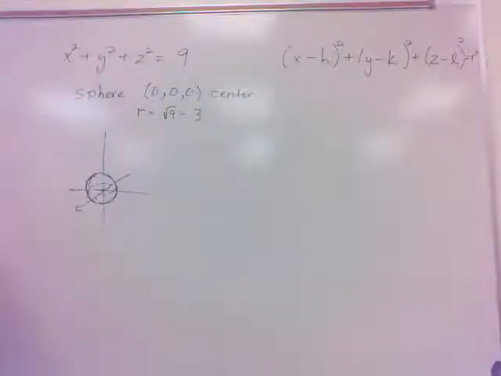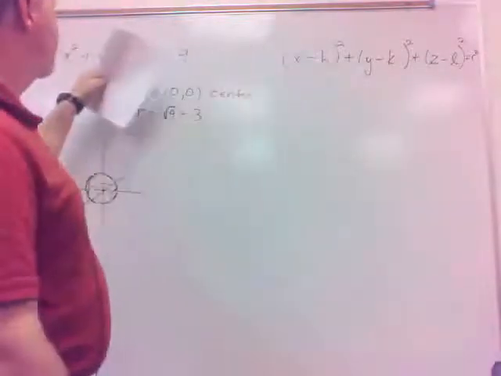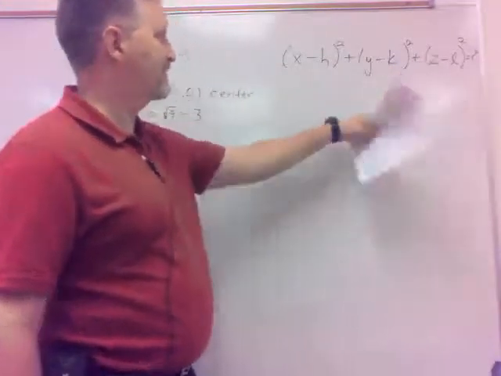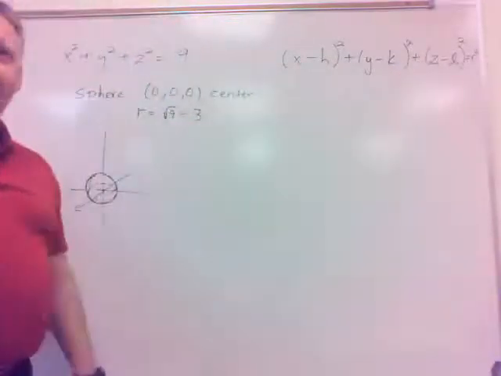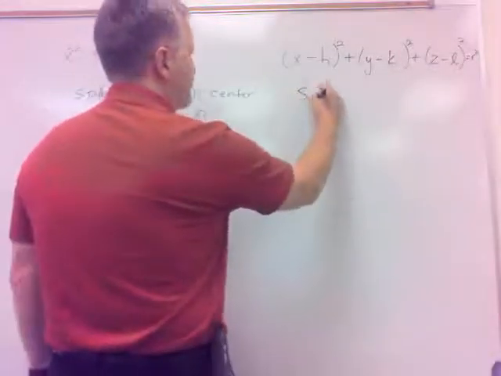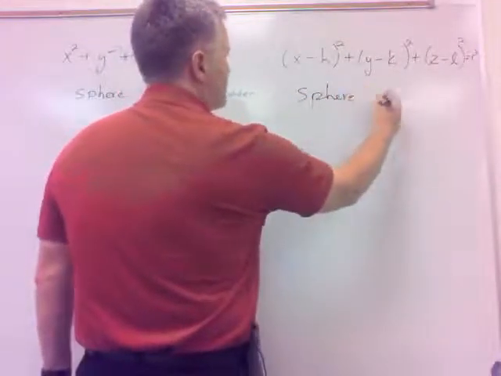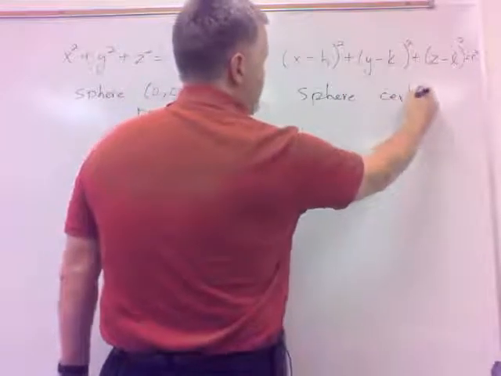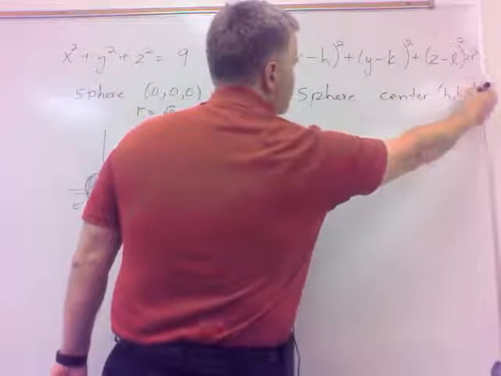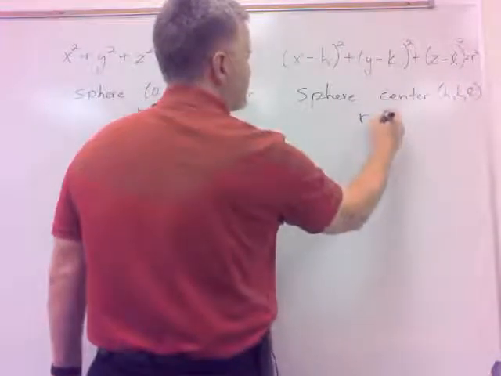That's just shifted, right? That's just the shifted sphere. Instead of 0, 0, 0, now we shifted it h units, k units, and l units respectively in those directions. We've translated it, so that's a sphere centered at h, k, l, and the radius is r.